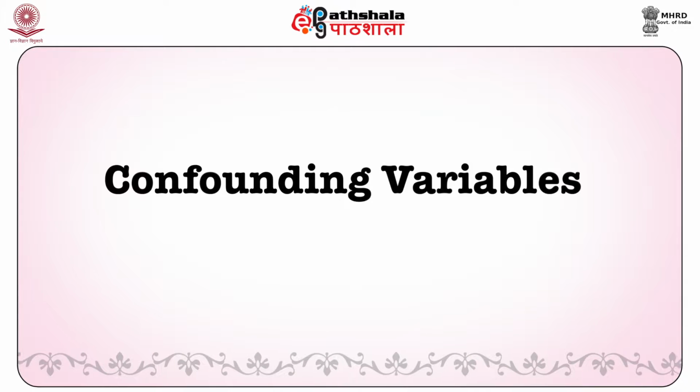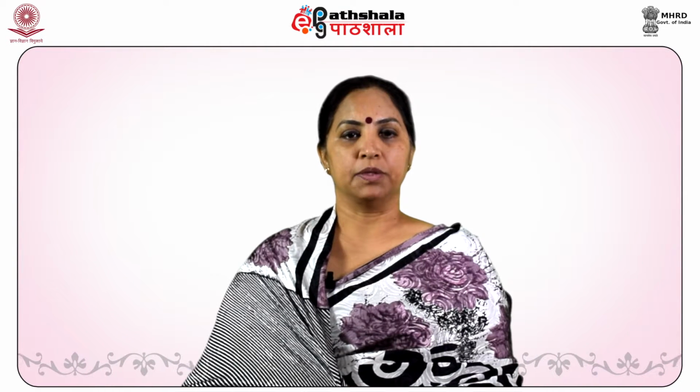Confounding variables. In statistics, a confounding variable, also confounding factor, hidden variable or a confound, is an extraneous variable in a statistical model that correlates directly or inversely with both the dependent variable and the independent variable.